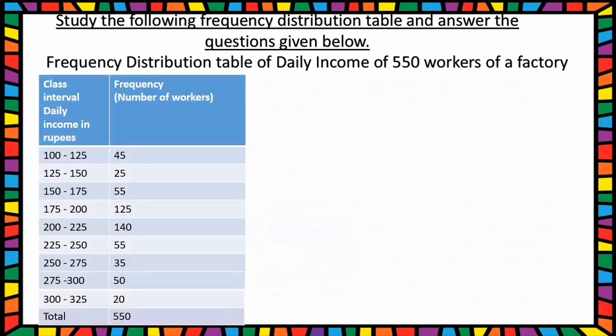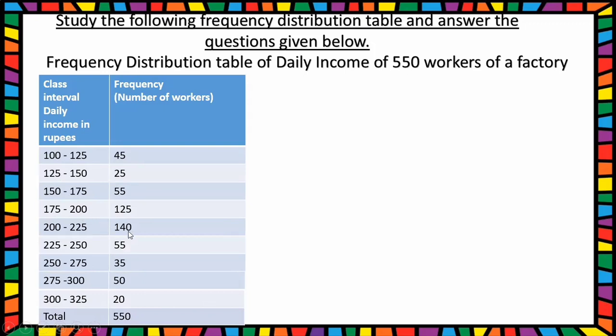See here, 2 columns: class interval, daily income in rupees, and frequency, number of workers. 45 workers are getting rupees 100 to 125, and 25 workers are getting 125 to 150, and 55 are getting 150 to 175, and 125 are getting 175 to 200 rupees.